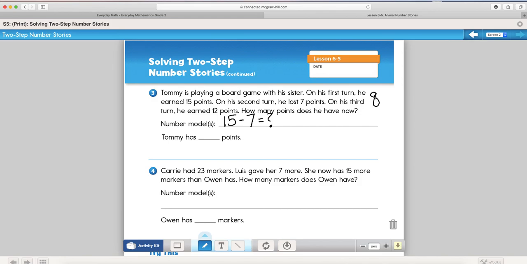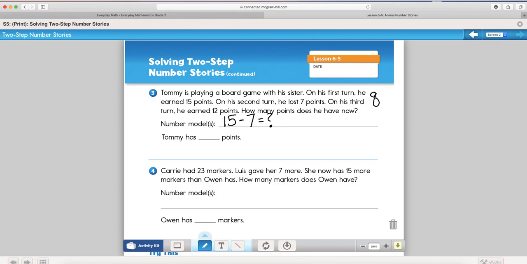Levi, help us out here. What kind of clues? 8 plus 12. But why 8 plus 12? What kind of clues? Peyton, it'd be a good idea to pay attention. Because we got 8, and then we got 12. But why do we know we have 12 more? How do we know we have 12 more?